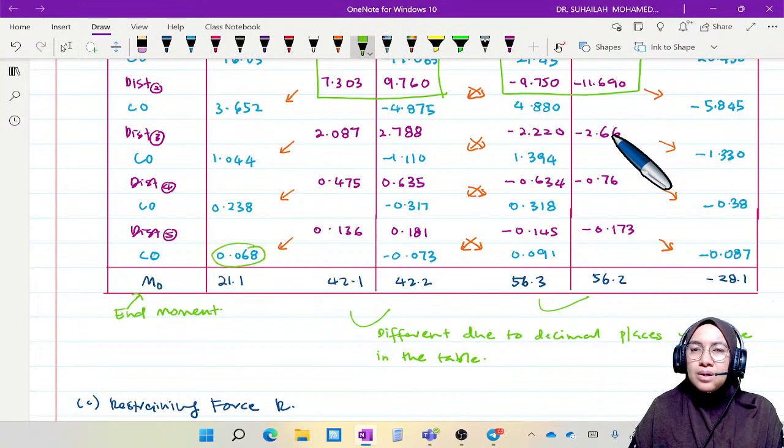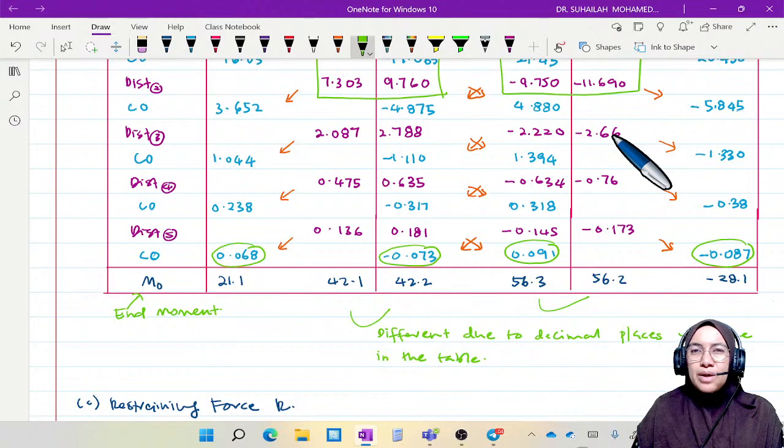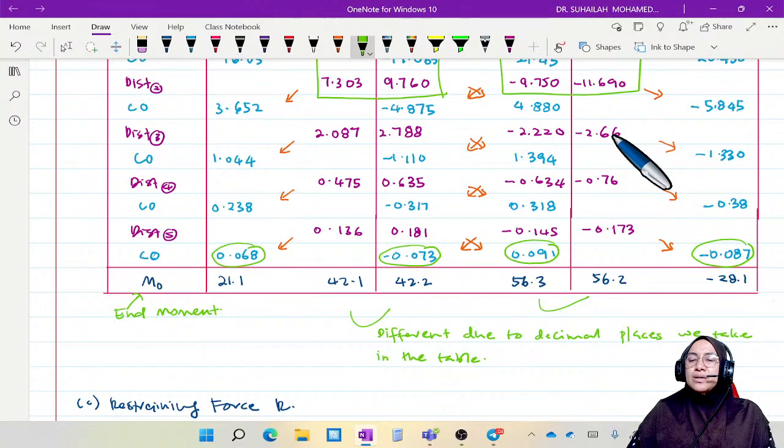0.068, negative 0.073, 0.091, negative 0.087.